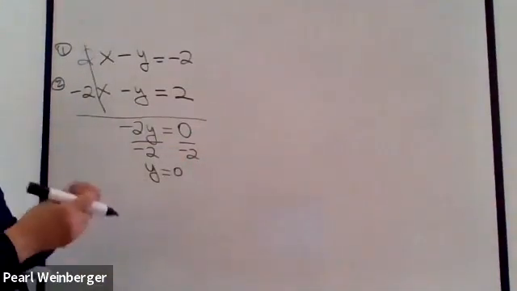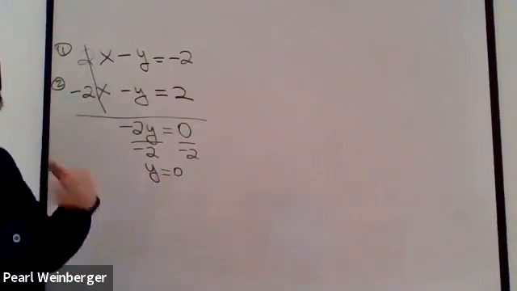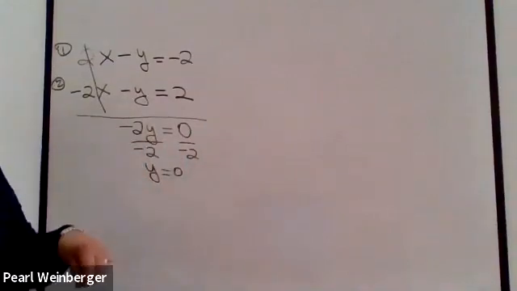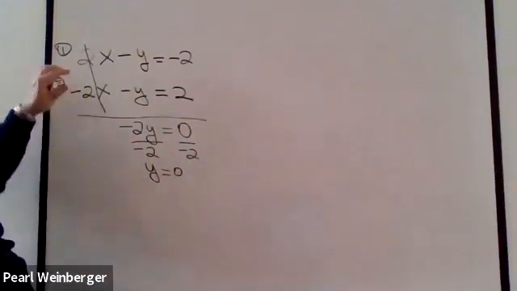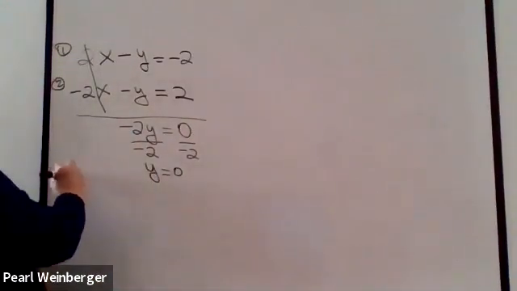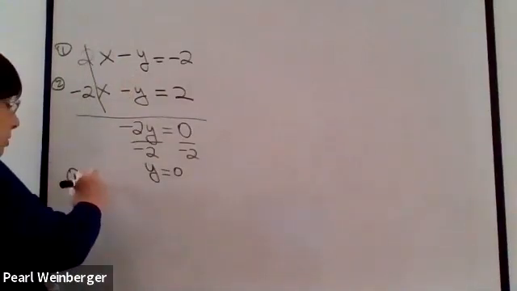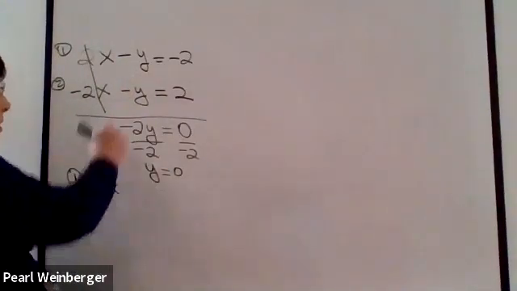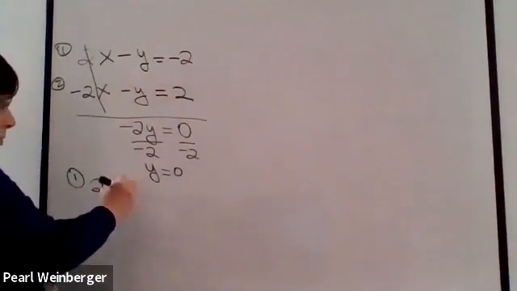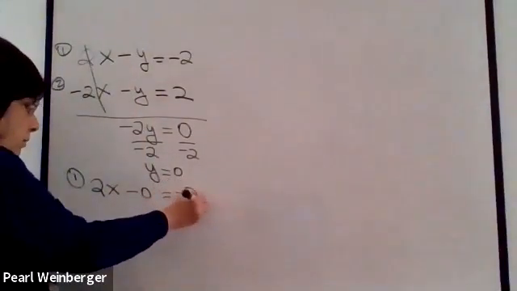And now we do what we did before. We now have the y. In the other case, we got the x. Sometimes we get the x, sometimes we get the y. Let's take our first equation and replace the y with 0. So then I'll have 2x, and in place of y, I'm putting 0, so it's -0 equals -2.